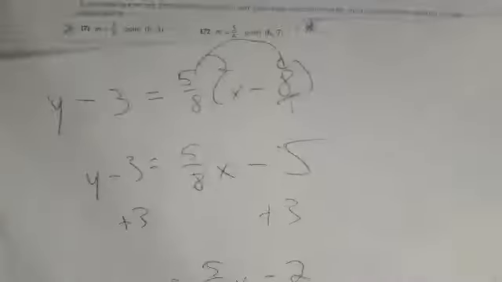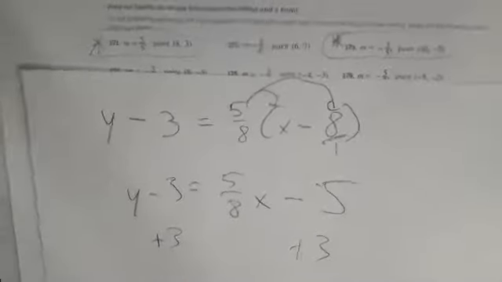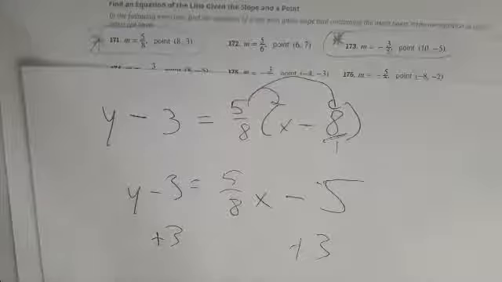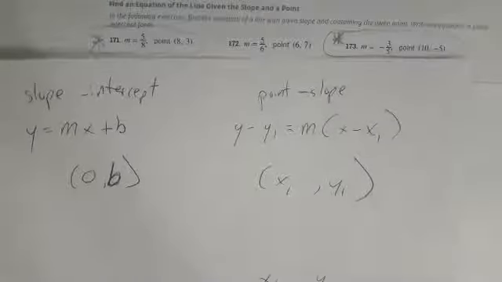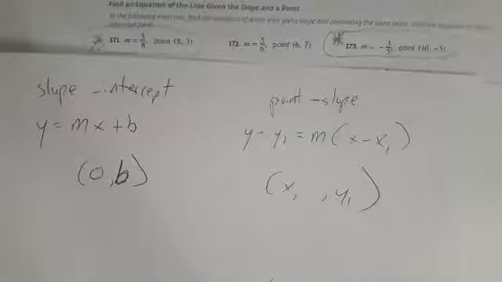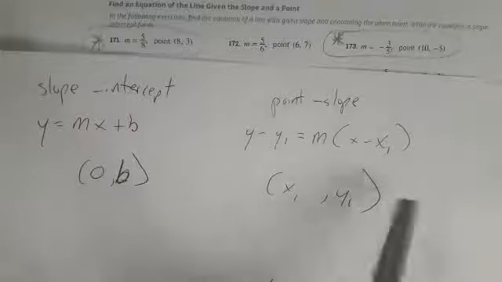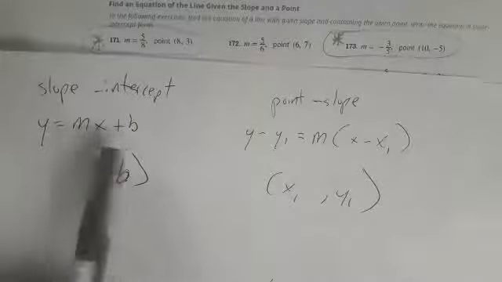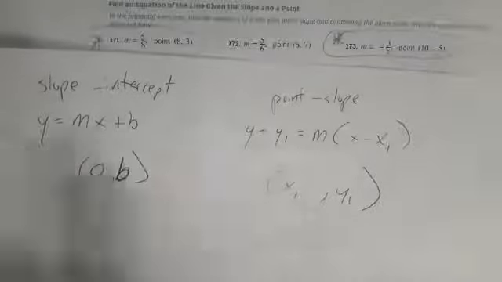Let's see. So I think I'm gonna work through this one with most everyone. This is 171. And so we have a slope of 5/8. We have a point of 8,3. And so we're plugging things into this point slope, y minus y1 equals m times x minus x1. And I said it in the notes, the slope intercept one I think y'all know in your sleep, like you could wake up and mumble this, right?